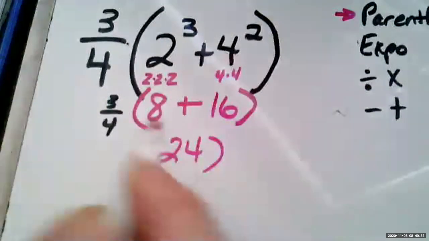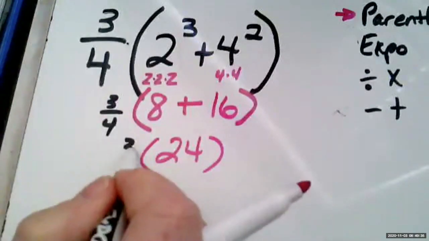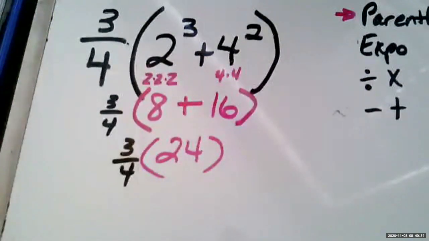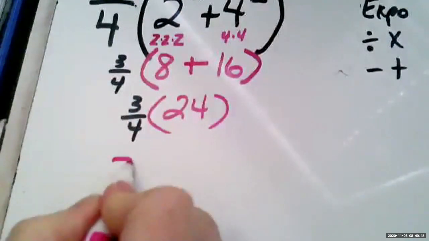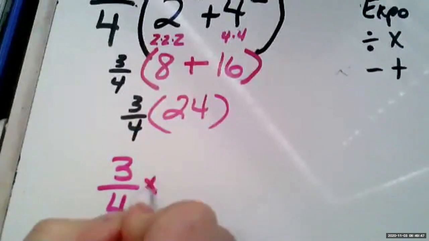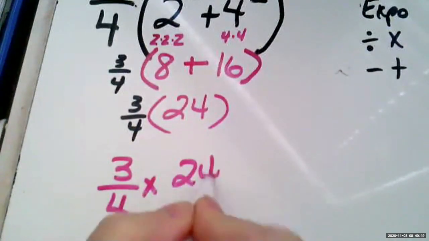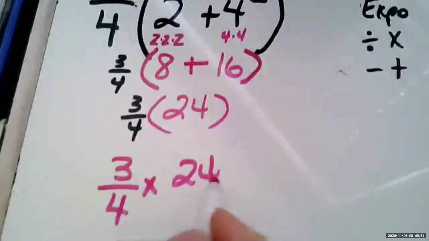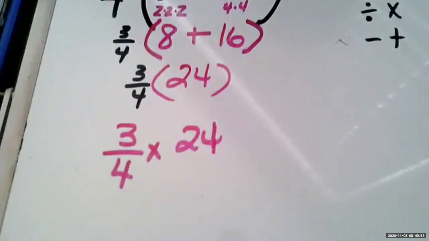And that's still inside parentheses because you have 3/4 touching those parentheses, which means multiply. So now we're going to multiply 3/4 times 24. Okay, 3/4 times 24. And remember multiplication with fractions. This is why I wanted you to have such a strong basis of fractions and decimals.